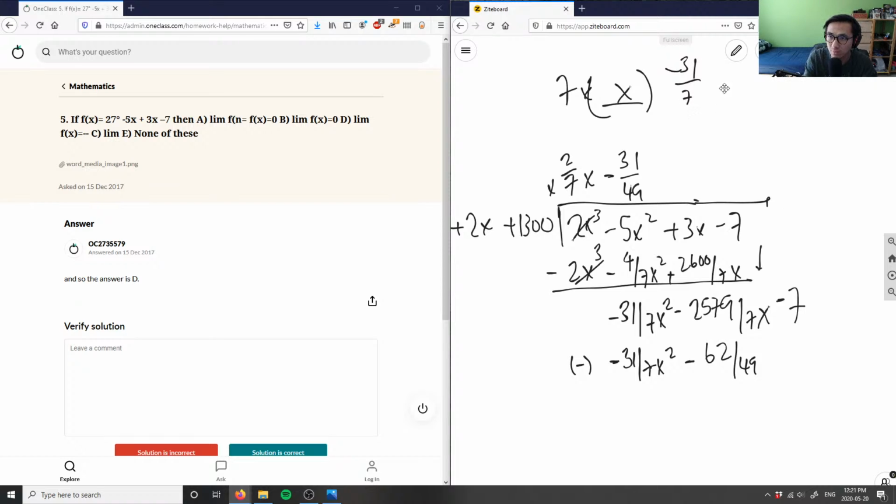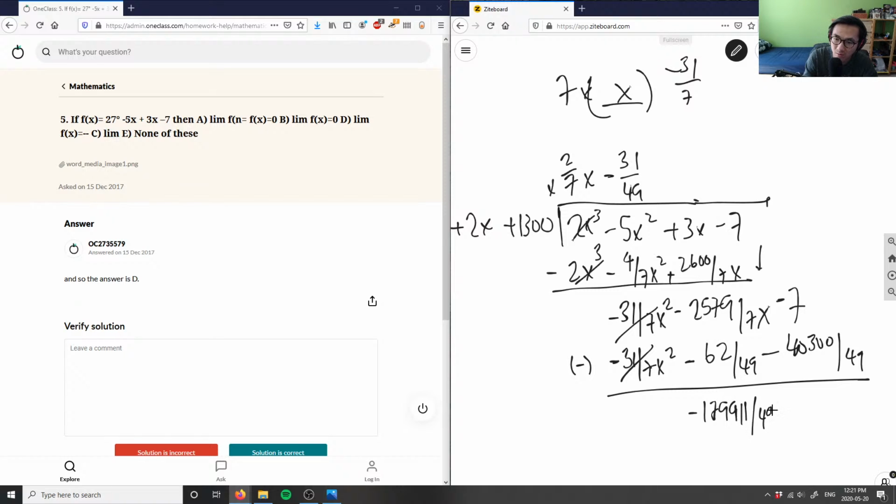I don't think this is going to subtract nicely. I have 40,300 over 49. So these two cancel out. I'm left with -2579 over 7 plus 62 over 49, which gives me a really whack number, 17991 over 49.